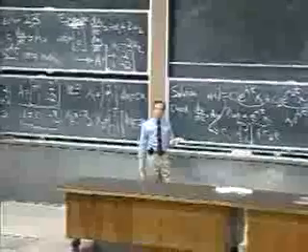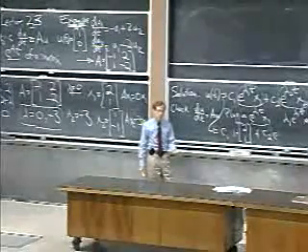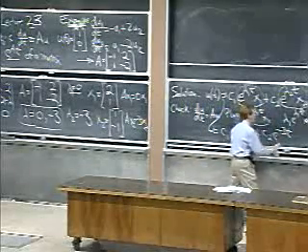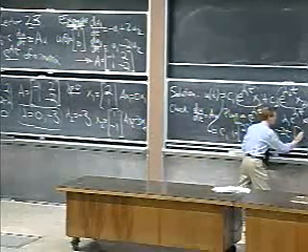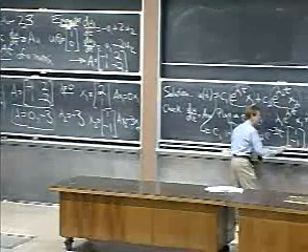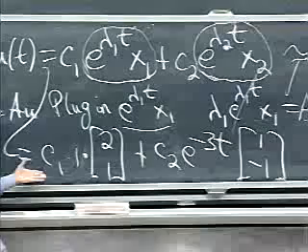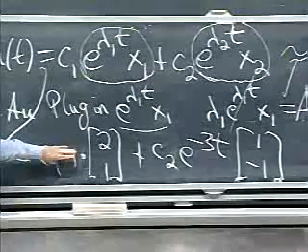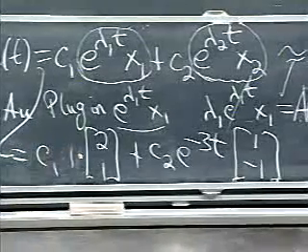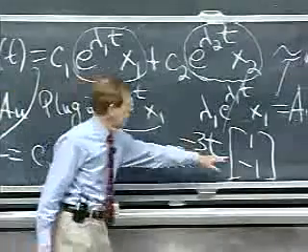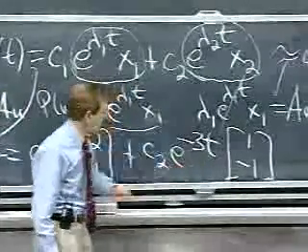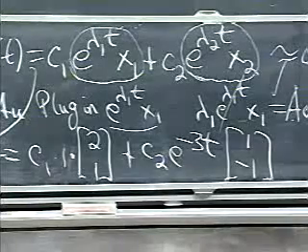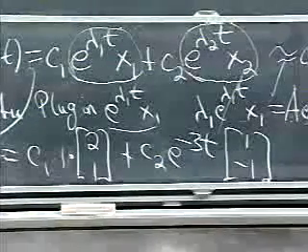Lambda 2 is minus 3. So this is the term that has the minus 3t, and its eigenvector is this 1, minus 1. So this vector solves the equation, and any multiple of it. This vector solves the equation if it's got that factor e to the minus 3t. We've got the answer except for C1 and C2.